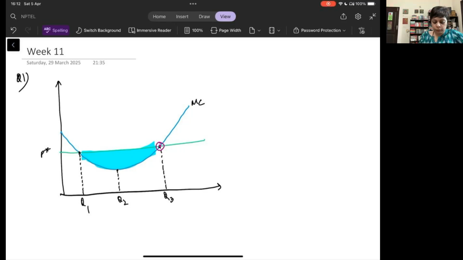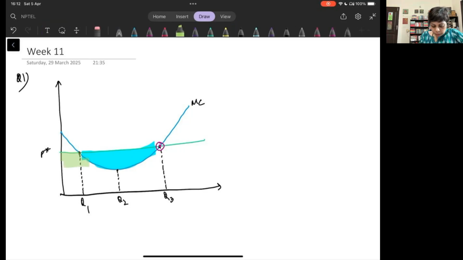That is represented diagrammatically. The rest of the part, which I'm shading in green, is the part which represents profit of the firm. And why is that? Because this is the part which is representing the region P minus MC into Q, right?